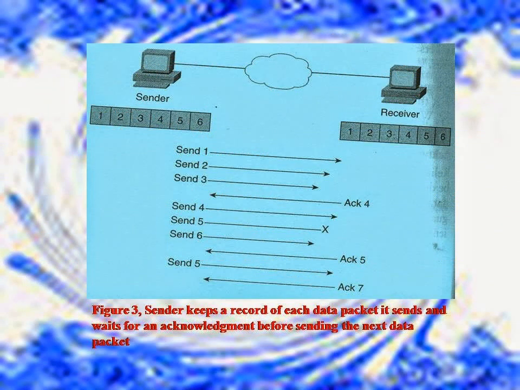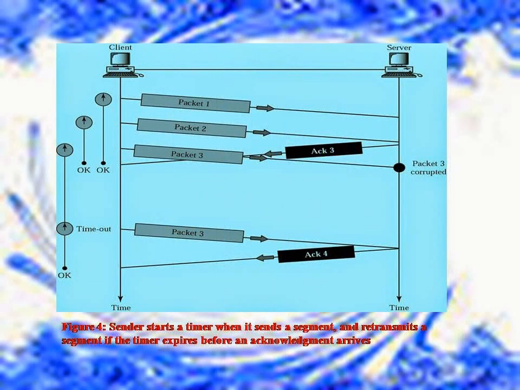For example, in figure 3, the sender keeps a record of each data packet it sends and waits for an acknowledgement before sending the next data packet. Then the sender also starts a timer when it sends a segment, and in figure 4, retransmits a segment if the timer expires before an acknowledgement arrives.